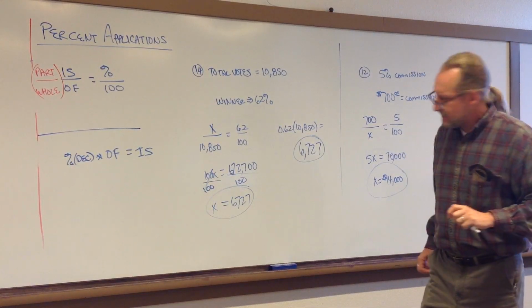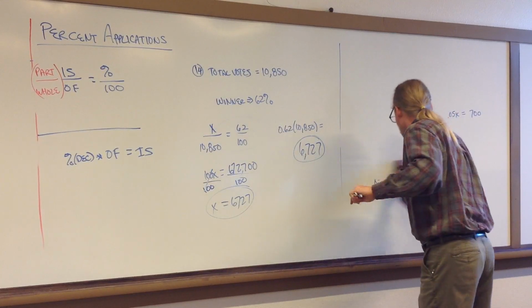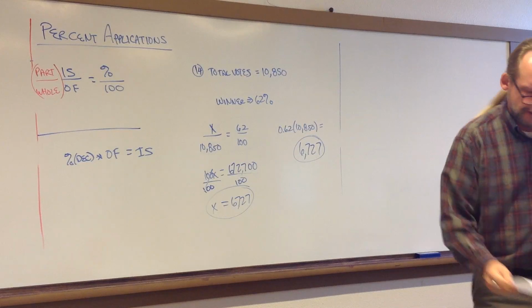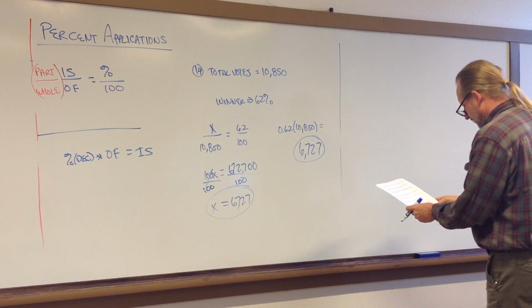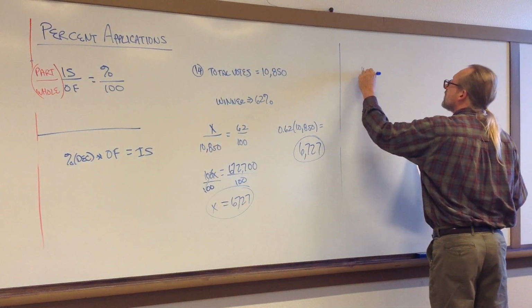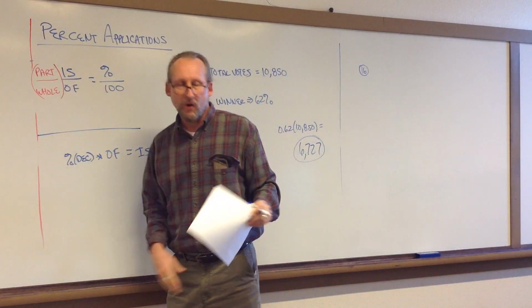Problem 16. Jeff answered 66 questions correctly on a test and received a score of 44%. How many questions were on the test? Okay, so again, think of this in terms of part and whole.